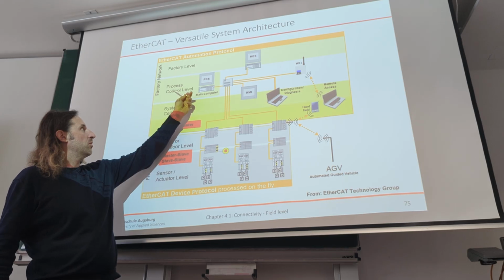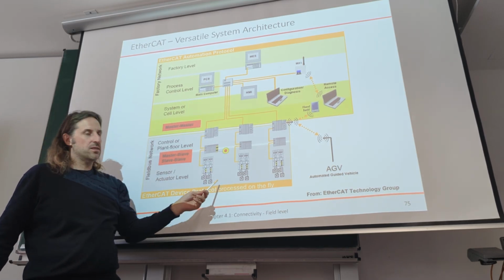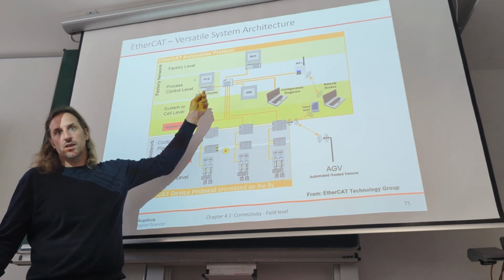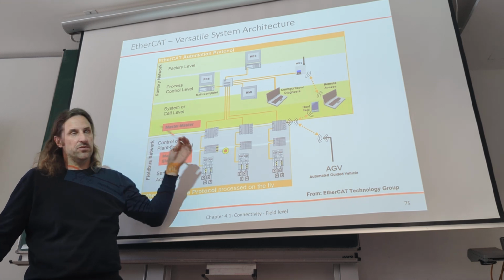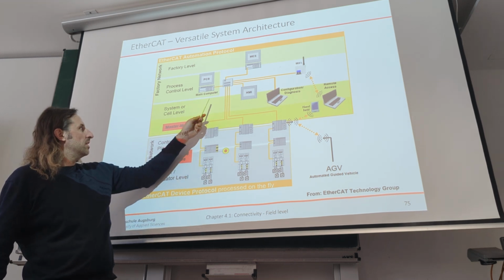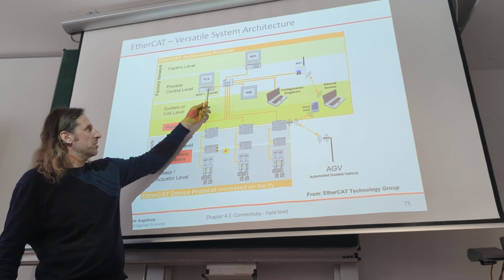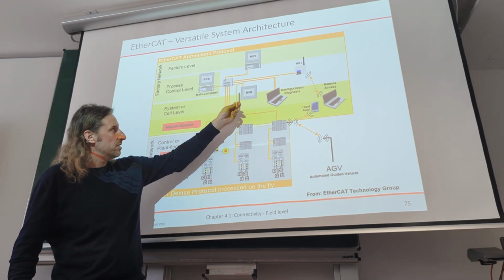And then we have the process control level. From here onwards, it gets more and more real-time critical, because here we really start controlling the process, and once we are on machine level, we have to be real-time capable. And then you have lots of different devices. You have normal computers, mainframes, HMI devices.